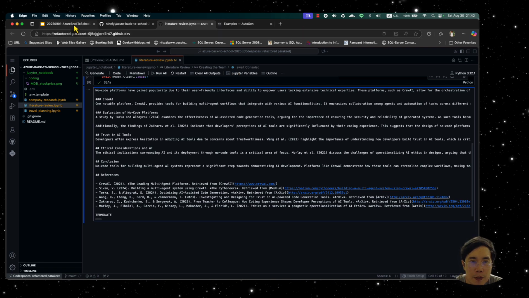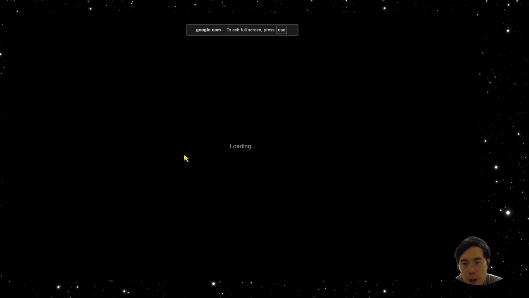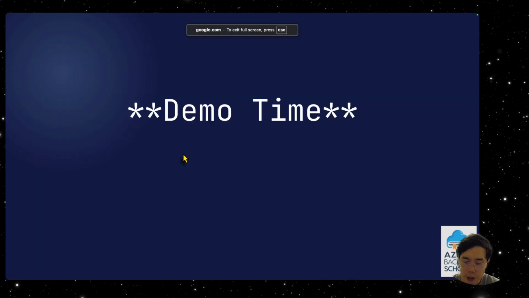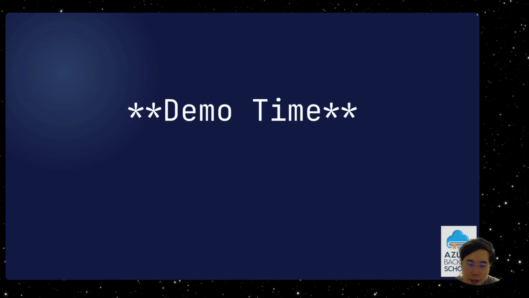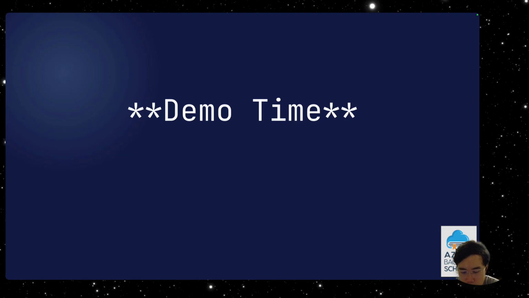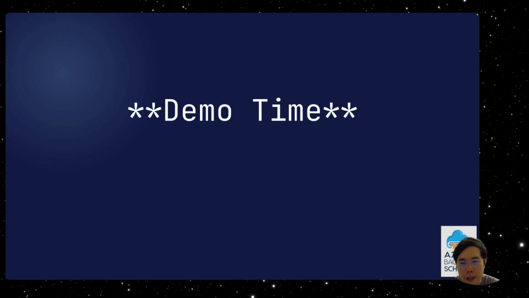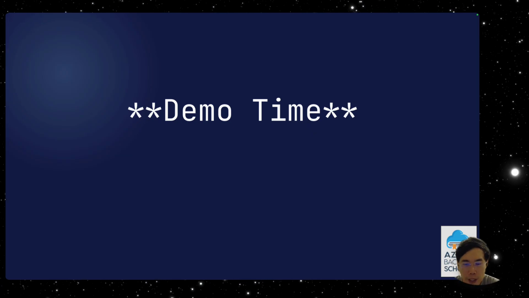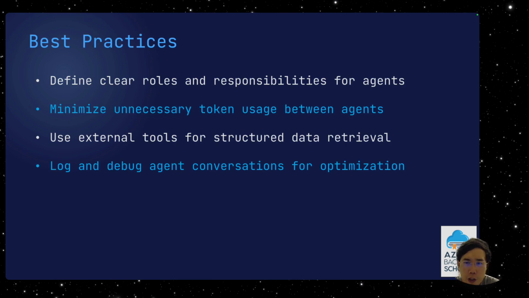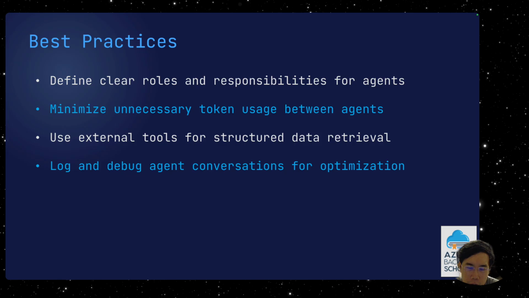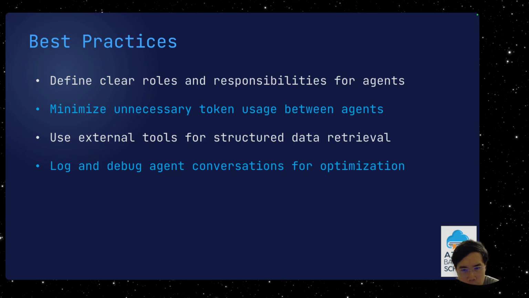All right, so we go back to the slide. Yeah, so that means I showed you the simple example in the console, so you can learn from that part and see how easy it is to merge the functional tools and the assistant agent to make the team and respond everything into the console. For best practice, you have to be clear about the system message to define the role and responsibility for the agent.